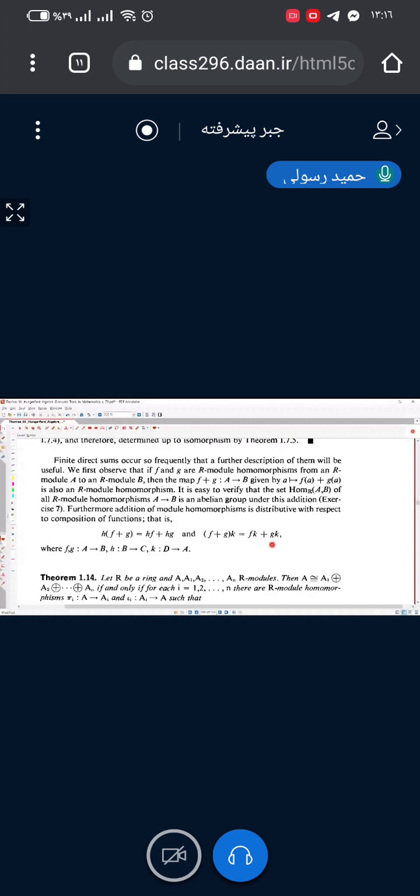Note that here it is the composition, not the product. This is the composition of mappings.